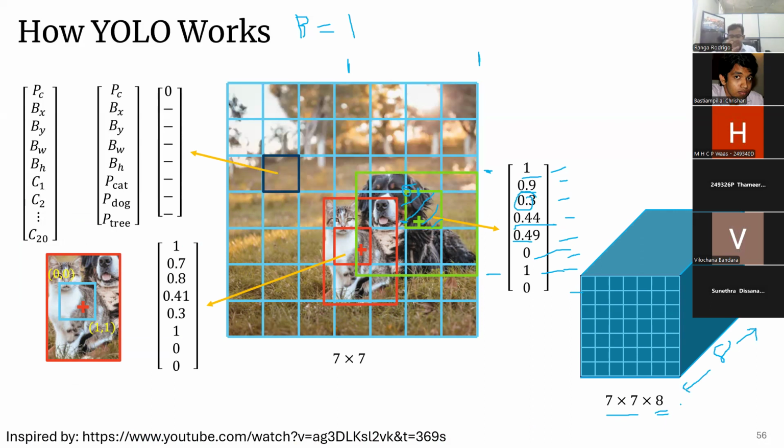So now we have to design the neural network to, for each image, output this structure.